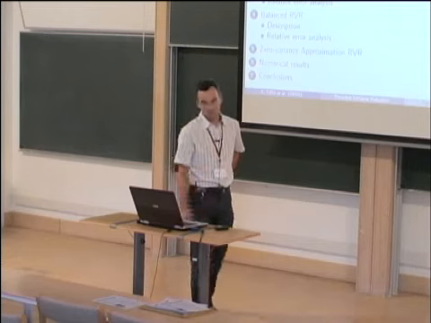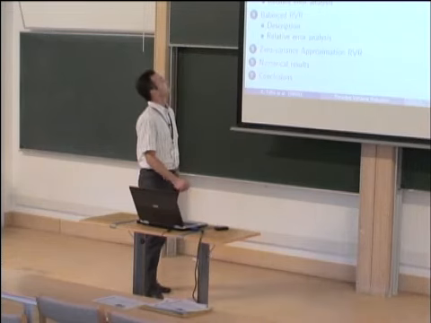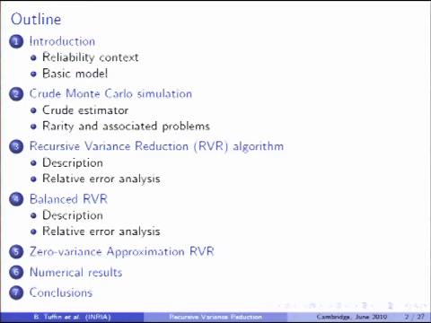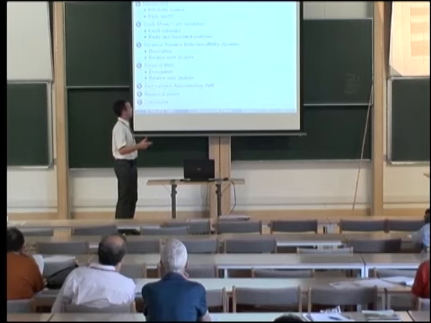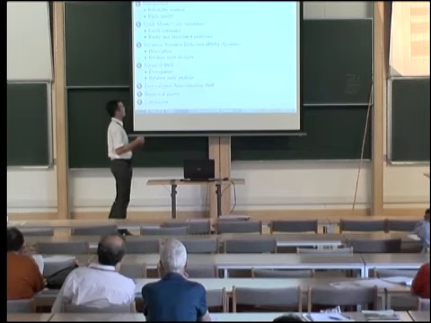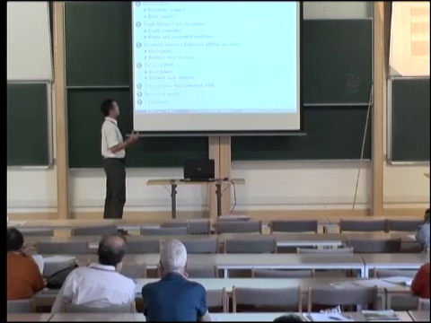So the outline of the talk is first a general introduction and a description of the crude Monte Carlo technique, and then the description of the RVR algorithm, which is a recursive variance reduction, and which works quite well but is not very efficient when the individual links have a high reliability.